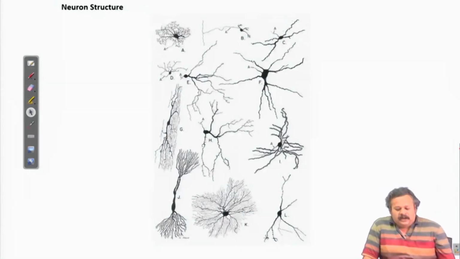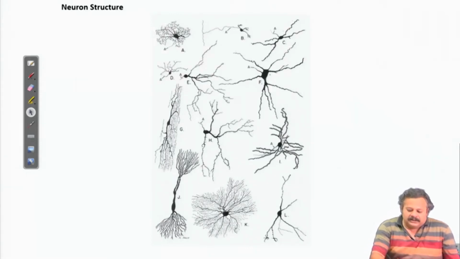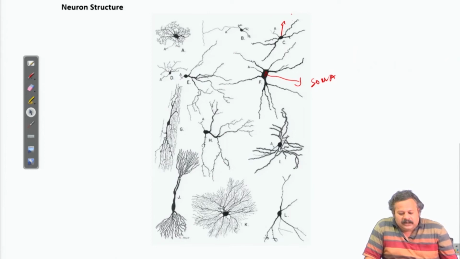Here are a number of examples of the structure of neurons. What we are seeing here, in the center, are cell bodies. This is the cell soma. Like in all neurons, there will be a cell soma, and that contains the nucleus and all the processes involved in the maintenance of the cell that happen in the soma.